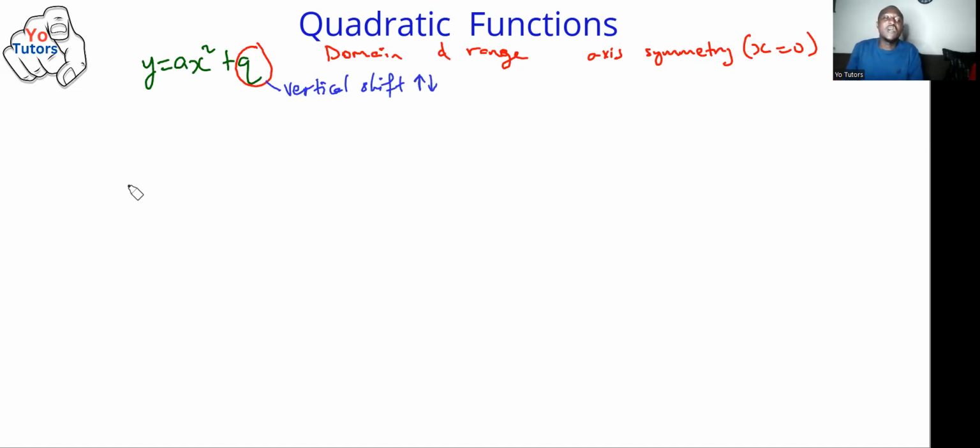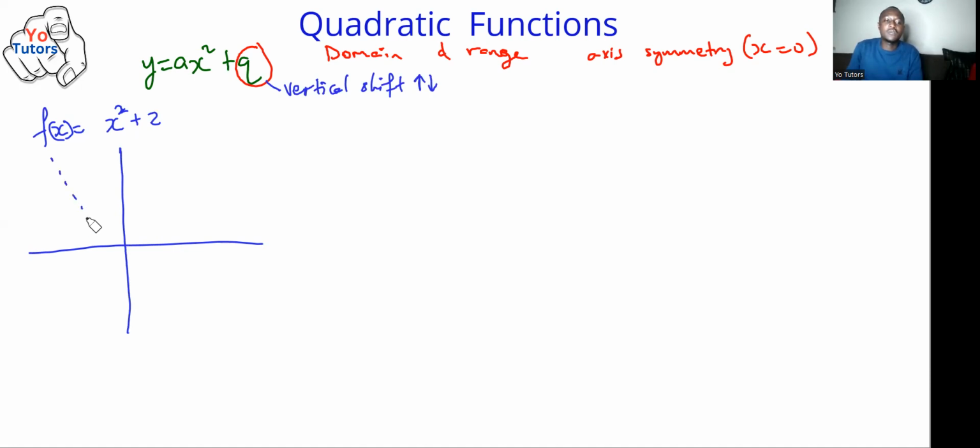Let's say, for example, here we have f of x equals, maybe, x squared plus 2. When it's x squared plus 2, we know from our knowledge now that x squared is the mother graph. Now, when it's x squared plus 2, it means it's starting from where?